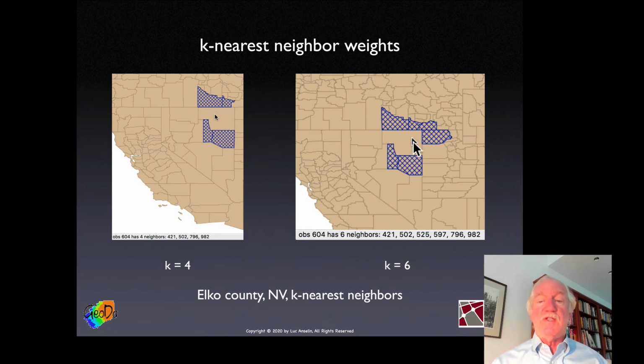For example, in this case, all the neighbors are kind of at the northeastern part, and there's no neighbors on the west side of Elko County. So these are the kinds of things we pay very careful attention to, in the lab notes and in practice, and that's also why we look in a few minutes at the characteristics of the weights to try to pick up situations where these kinds of strange artifacts might be occurring.